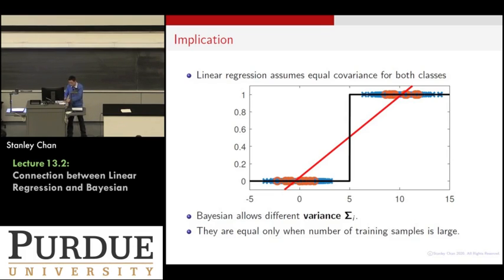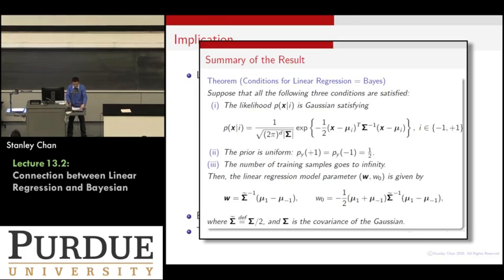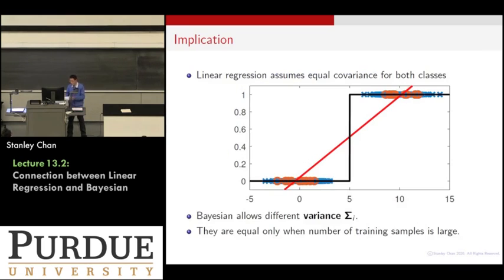If you look at the theorem, condition 1 says that the linear regression will match the Bayesian decision rule when they have the same covariance. That's very important. If the two classes have different covariance, then your linear regression is not solving the right problem.